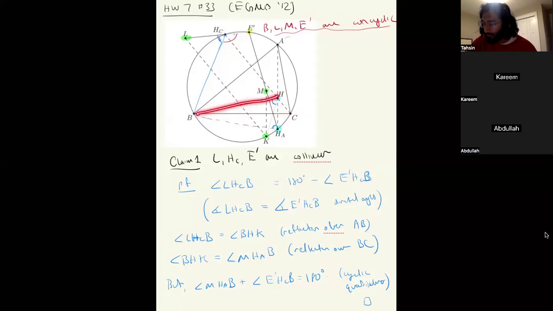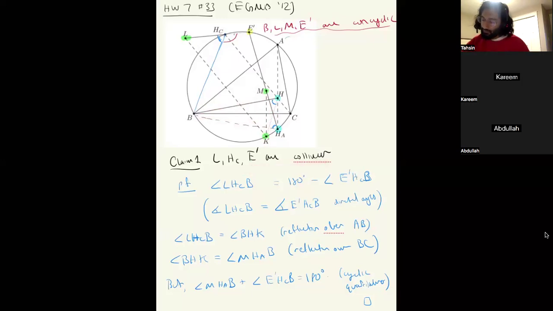So this angle here, BHK, and BHAM, they're reflections over BC. Okay, good. So the whole thing went by reflections. We started with this angle, we reflected it to get this angle, and then we reflected again to get this angle. Does it make sense now? Yes. Okay. So that's the full argument for collinearity.